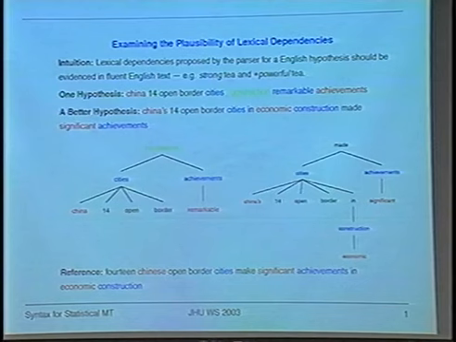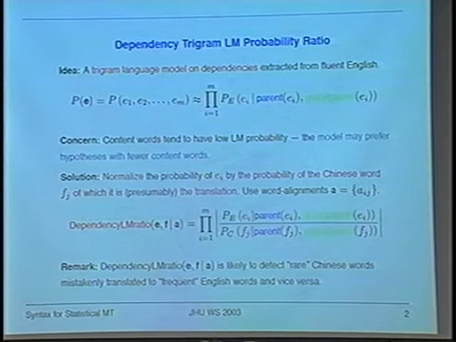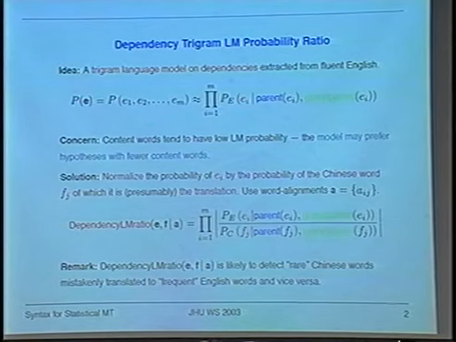We trained this language model on fluent English, and then extracted the probability of each dependency given its predecessor. One concern that arose was that content words tend to have a very low probability just because they're infrequent.